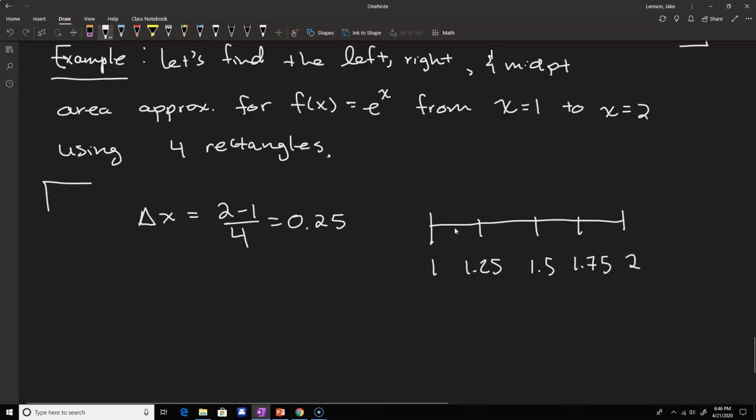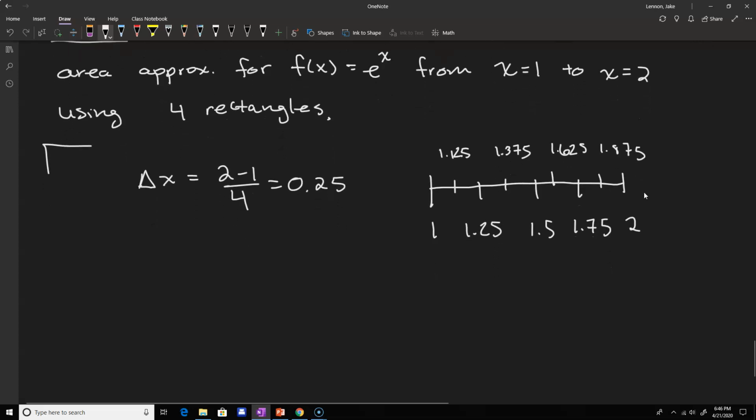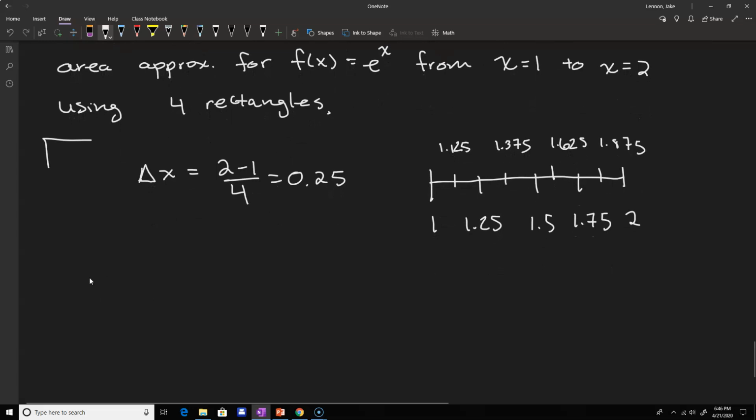And then when we want to do the midpoint, we're going to need to find halfway between, which you can do by adding the consecutive boundary points together and dividing by 2. So we have 1.125, which is 1 plus 1.25 divided by 2, 1.375, 1.625, and 1.875. So those are the midpoint values. Then after that, everything's pretty easy.